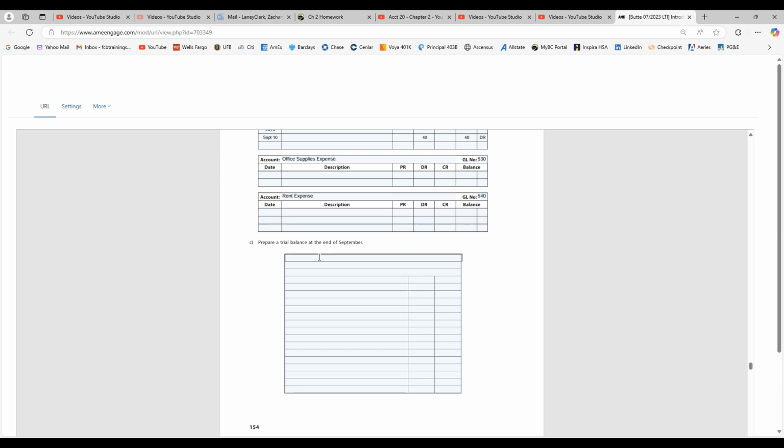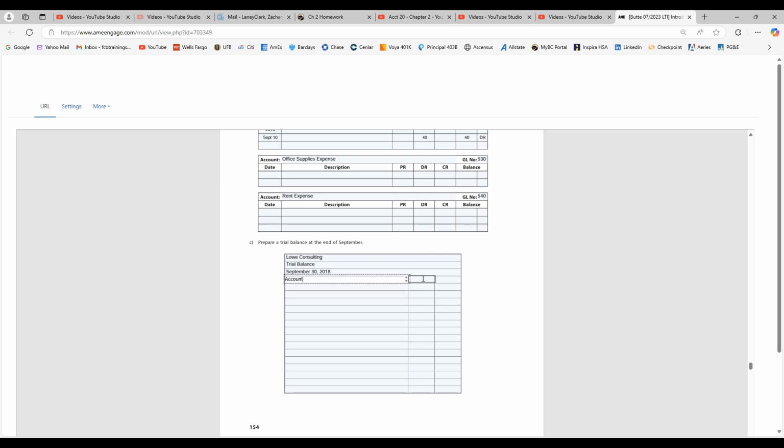And then I will input for you here the trial balance, so I can kind of show you. September 30th. This is the end of the month. The headers, we have our account.